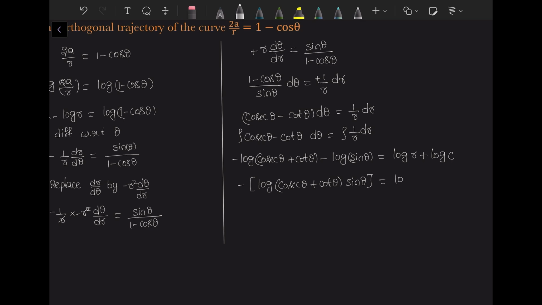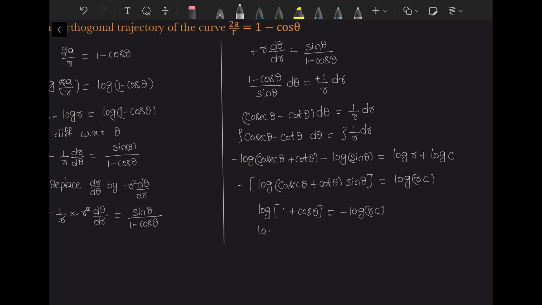Here also log a + log b is log ab, log rc. So if I multiply this inside, cosec θ into sin θ is 1, cot θ into sin θ is cos θ. So I'll get 1 + cos θ = -log rc.